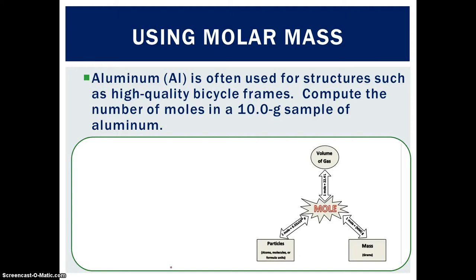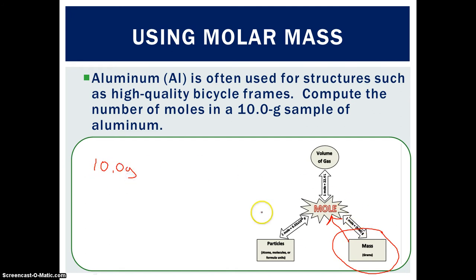So aluminum is often used for structures such as high-quality bicycle frames. And we're interested in the number of moles in a 10-gram sample. So let's just see where we are. 10 grams, that's a unit of mass. So we're here, and we want to go to moles. So let me just write what I have to start with. I have 10.0 grams.